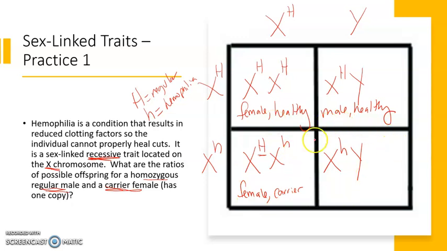And then over here, because the Y doesn't have another allele to dominate this recessive trait, you will see the recessive trait. There's nothing there to be dominant over it. It's the only allele present, so that is the phenotype that you will see. So this is a male who has hemophilia.